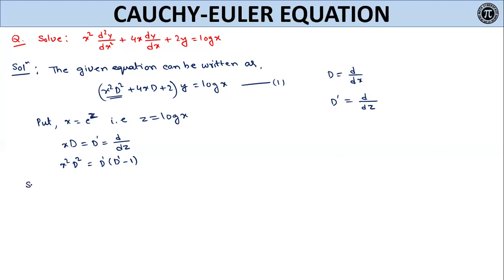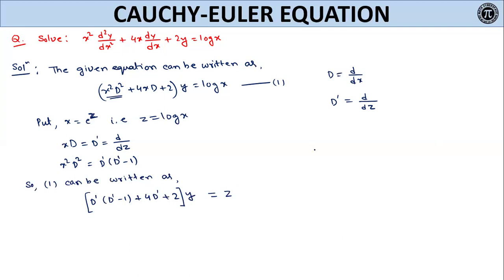So the given equation 1 can be written as: D dash into D dash minus 1 in place of x square D2, plus 4 into D dash in place of xD, plus 2, into y, equals log x on the right hand side, and log x equals z, so this equals z.